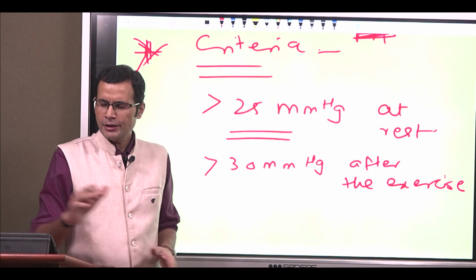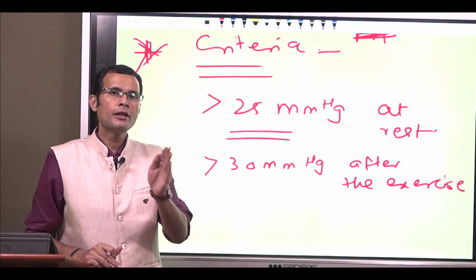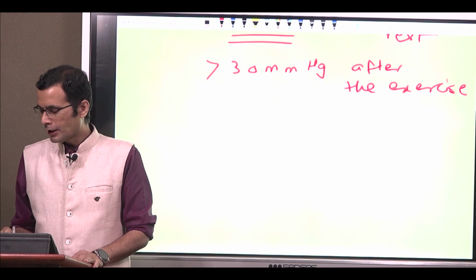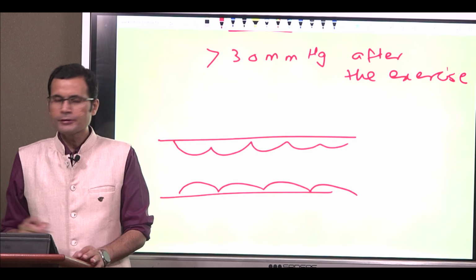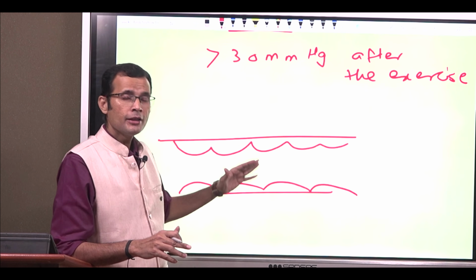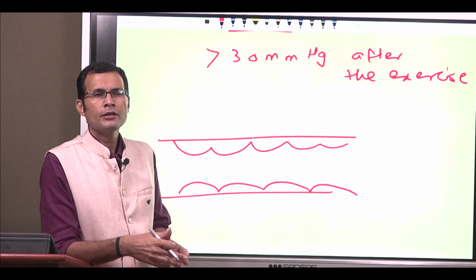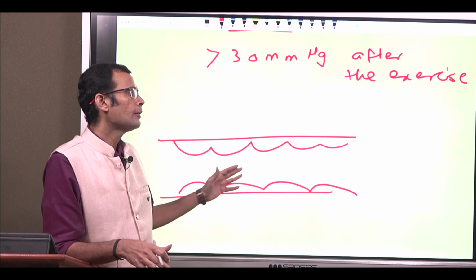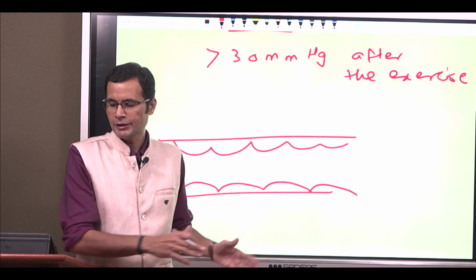So, just summary part is, there is pulmonary endothelial dysfunction. The pulmonary vessels have those endothelial linings. The pulmonary endothelial dysfunction or injury is said to be involved in this kind of a primary pulmonary hypertension.